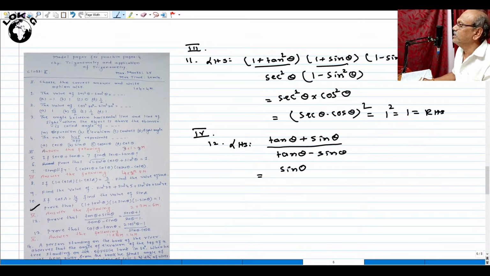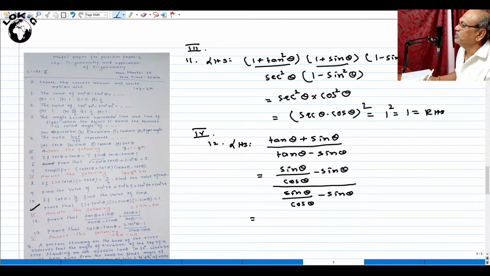Recall that tan theta is sine theta upon cos theta, so the numerator is sine theta upon cos theta plus sine theta, and the denominator, tan theta, can be written as sine theta upon cos theta minus sine theta.